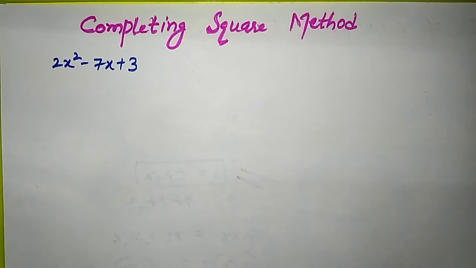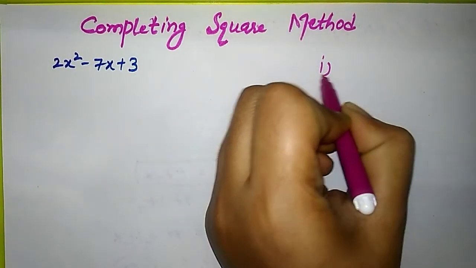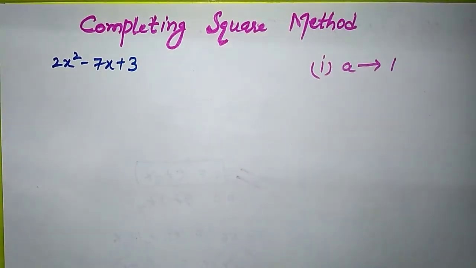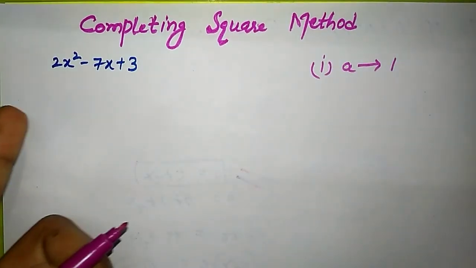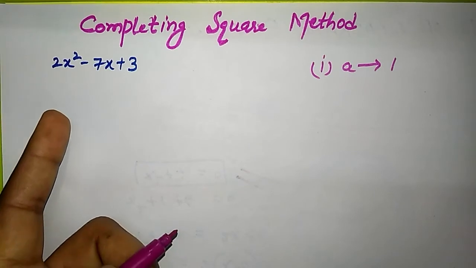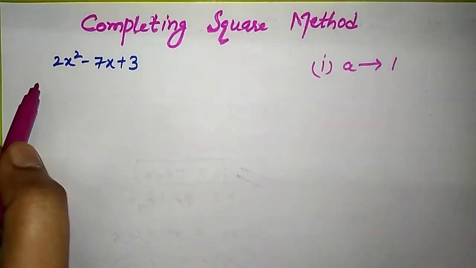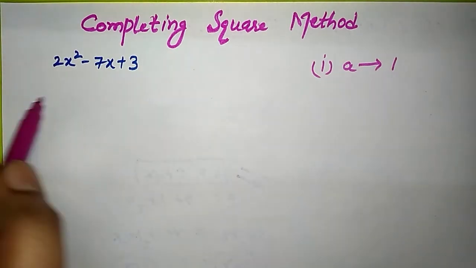The first one is we should have a as 1. So to make the term a as 1, we have to divide the given equation by a.